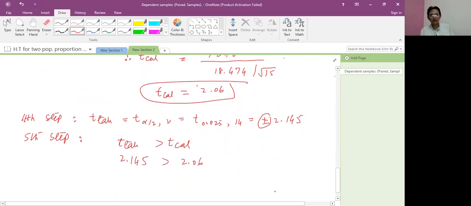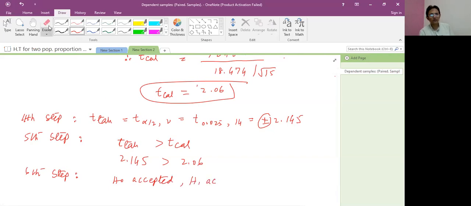This means, write the conclusion in the next step. H naught is accepted, H1 is rejected. It means the alternate hypothesis is rejected.